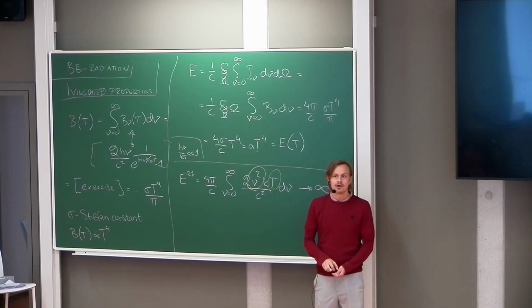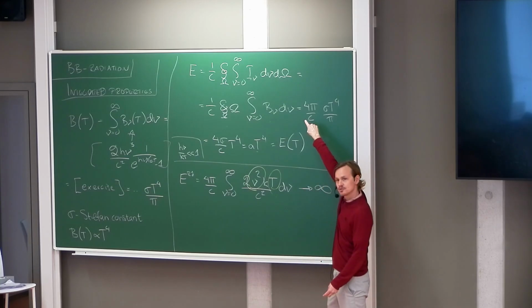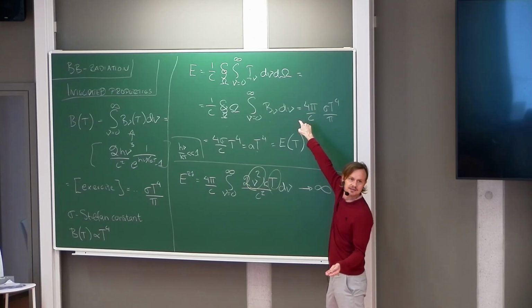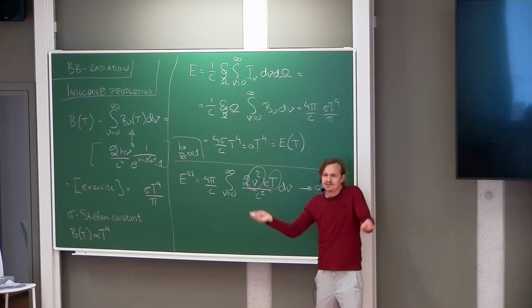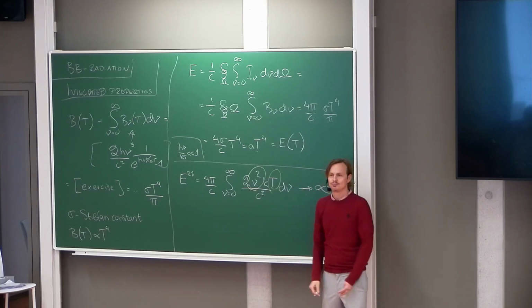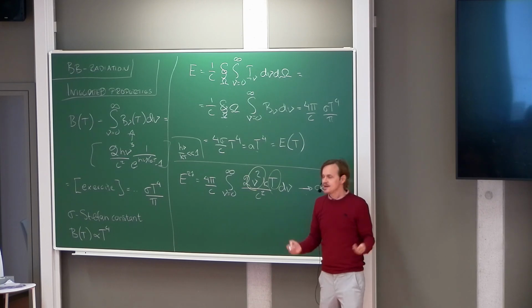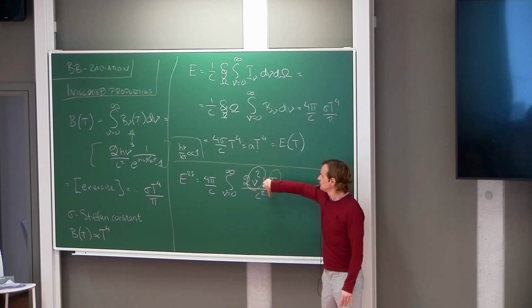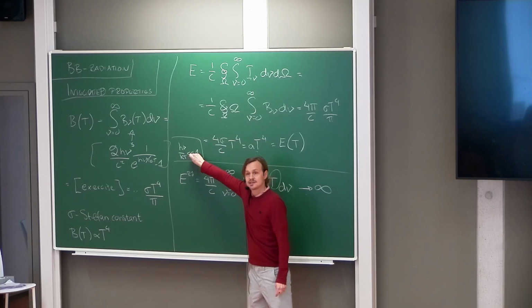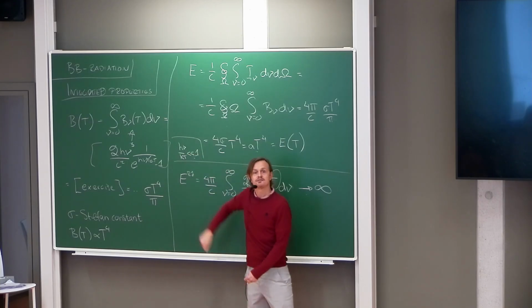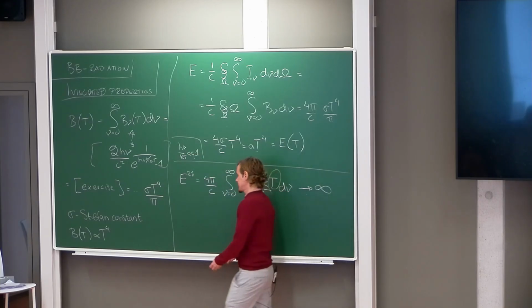It was already known that there needs to be some sort of cutoff that we discussed in the previous class at high frequencies, because otherwise the energy density of any given black body radiator would be infinite, which is, of course, absurd. So people knew there was something wrong. That being said, this is a very useful law to use when this condition is fulfilled. Often, for example, in radio astronomy, which we will come back to.